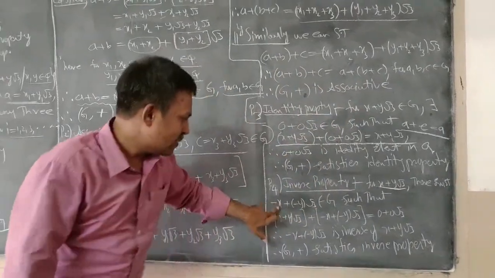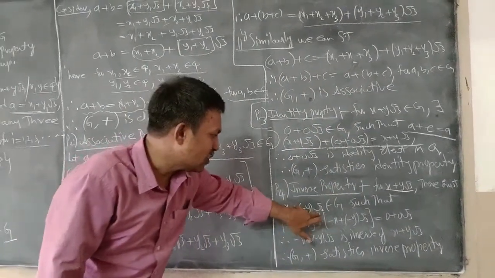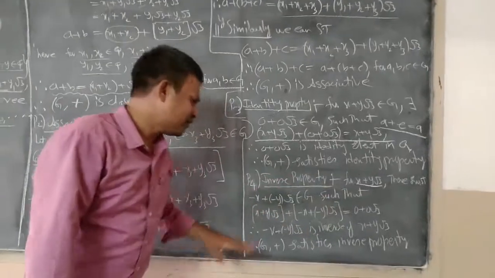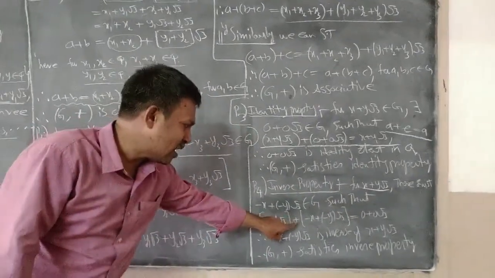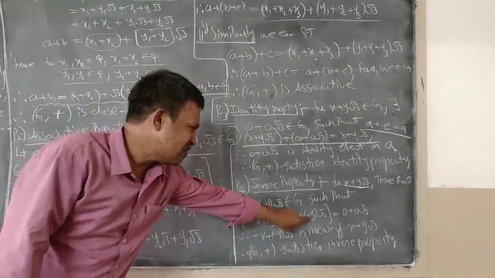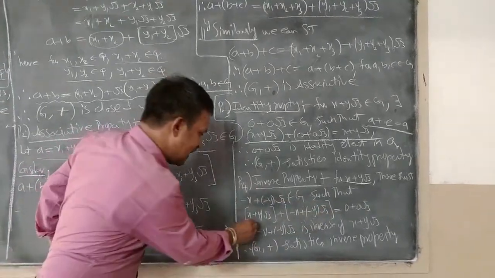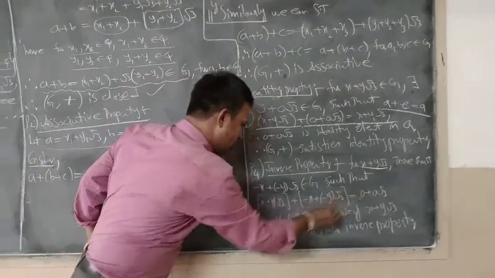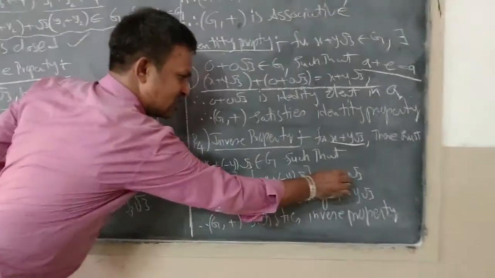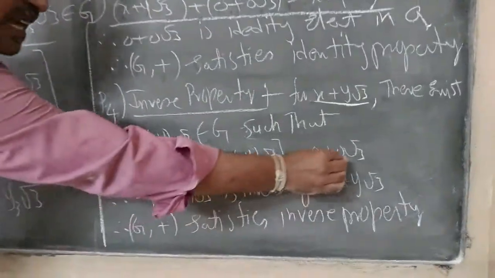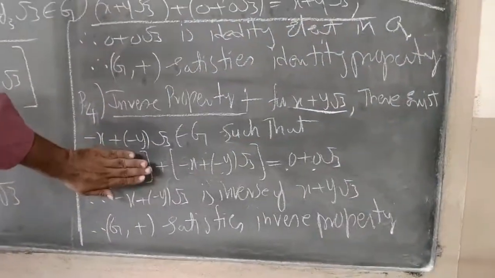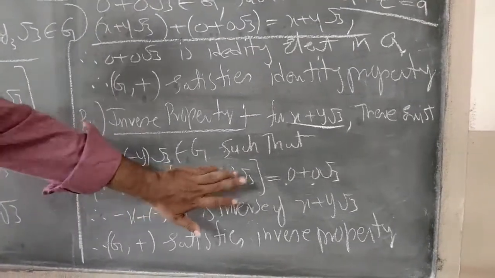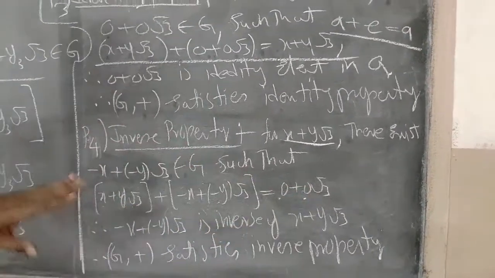Therefore, here minus x plus minus y root 3 belongs to G such that x plus y root 3 plus minus x plus minus y root 3 is equal to x minus x is 0, y minus y is 0, and the root 3 is taken common out. Therefore, it is in the form of a star b is equal to e.